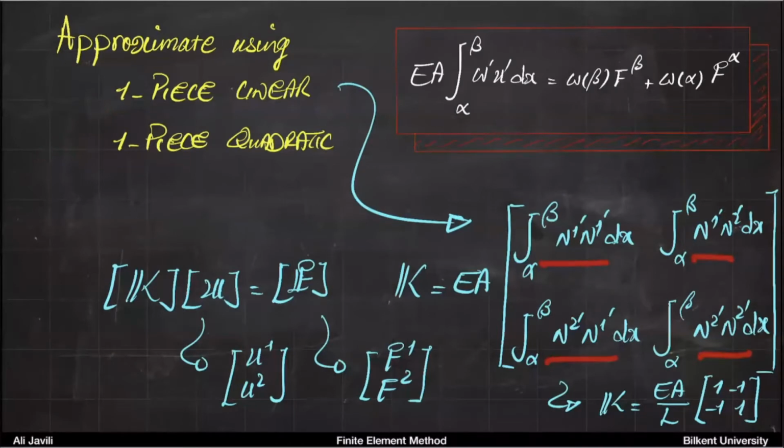So all the integrals, they look similar in a way. So it's integral over the domain. And then component 1, 1 is n1 prime, n1 prime. Component 1, 2 is n1 prime, n2 prime, and so on. And the system that you are dealing with is basically K U equals F.